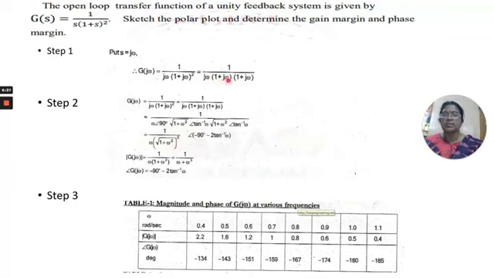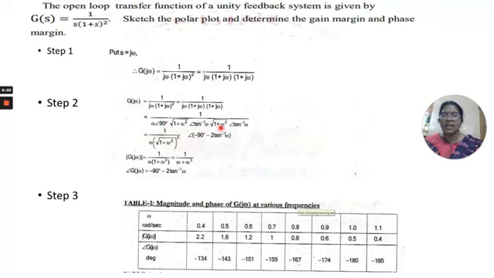So now we have to separate the magnitude and angle. Omega is the magnitude, and this is the magnitude, and this is the magnitude. So both are the same term, squared, and angle 90 degrees at the denominator. If you take it to the numerator it is minus 90 degrees, and here tan inverse of omega, if you take it to the numerator it is minus tan inverse of omega.